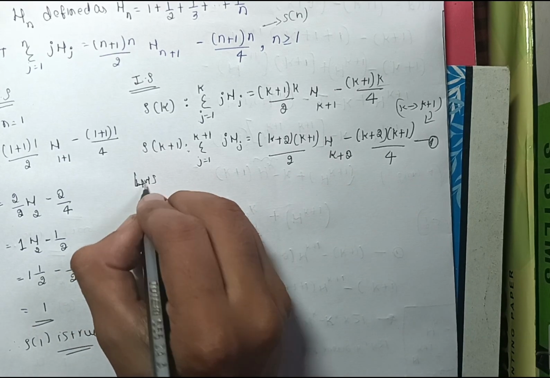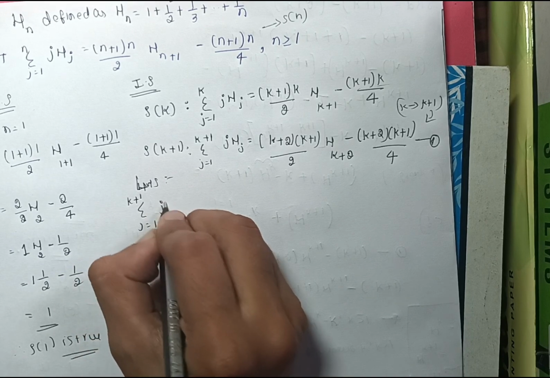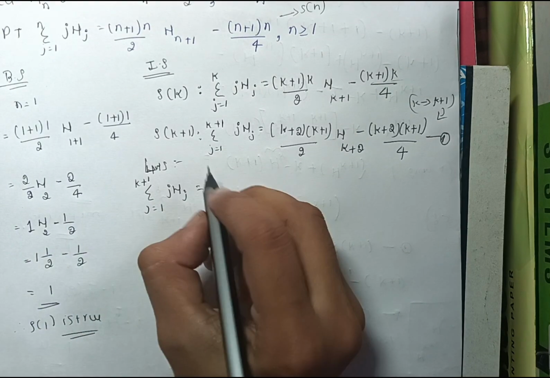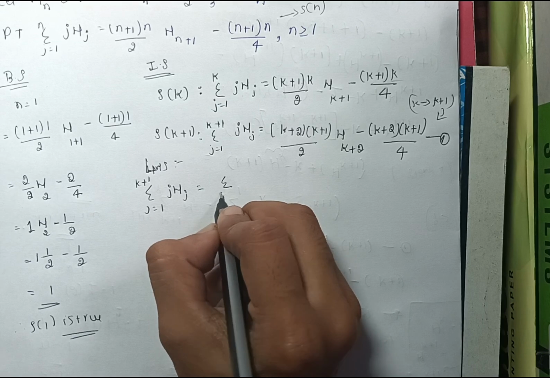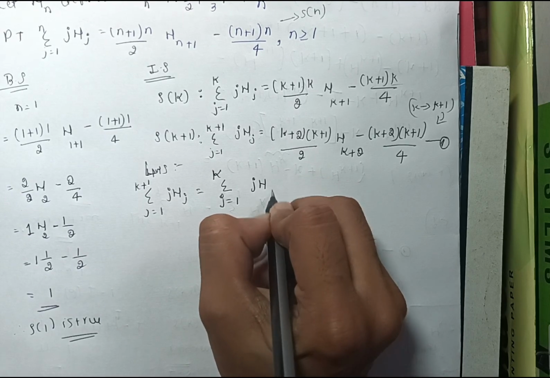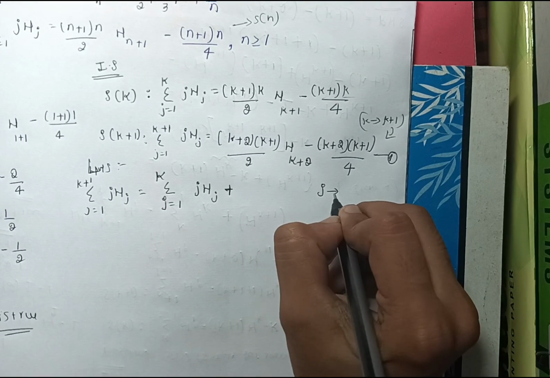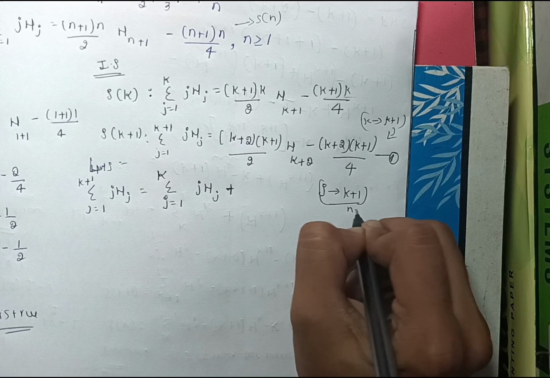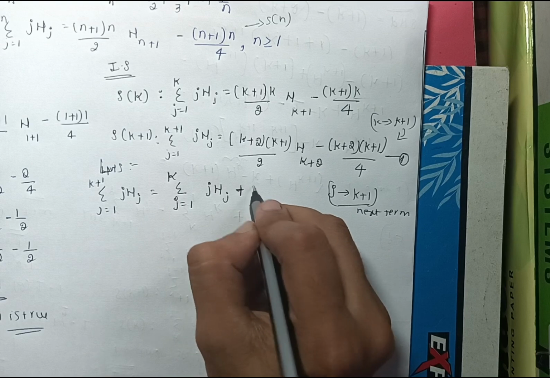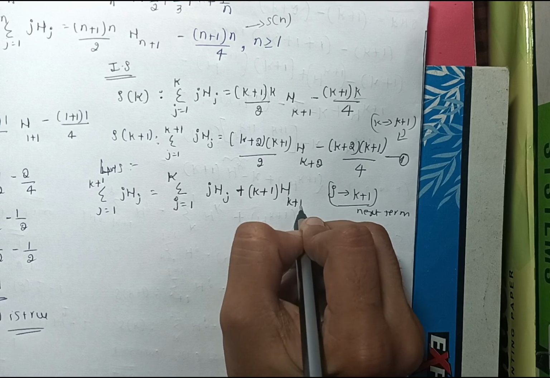Take left hand side, that is summation j equal to 1 to k plus 1 of j h j. Now separate the summation terms, that is nothing but j equal to 1 till k of j h j plus, replacing j by k plus 1, the next term. This becomes k plus 1 h of k plus 1.